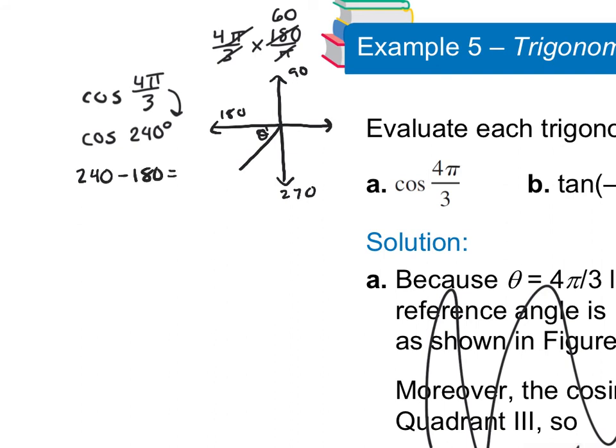So this gives us a reference angle of 60. So now we need to find the cosine of 60 degrees. So the cosine of 60, we go back to the page before that had all of our special right triangles on it, so like 30, 60, 45, and cosine of 60 is 1/2.